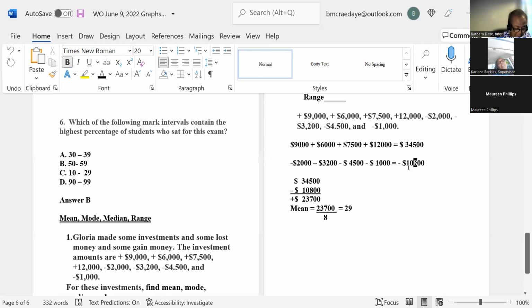Check your math. I think that's 107, right? Yeah, because you see there are 5 and 2 is 7. Okay, so this should be a 7, not an 8. So then this should be an 8, correct?